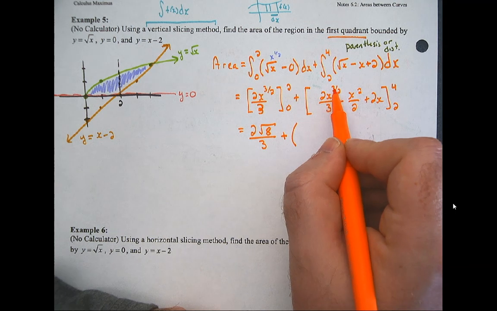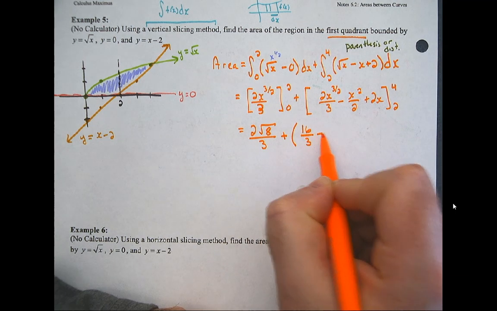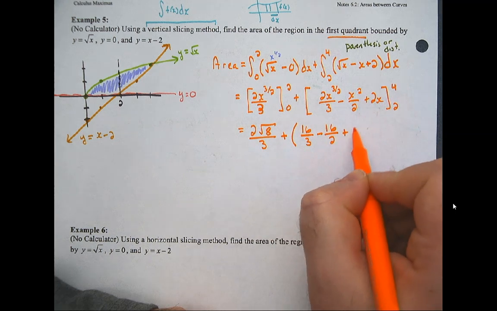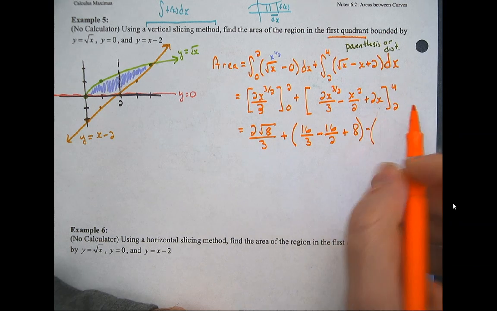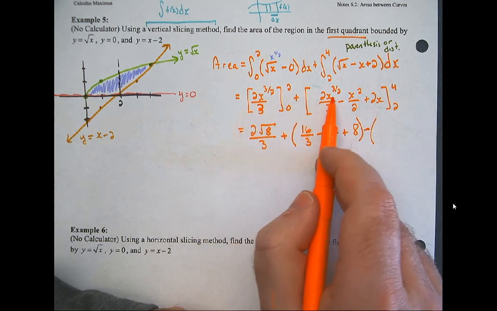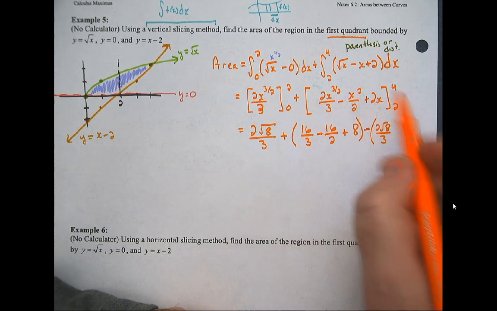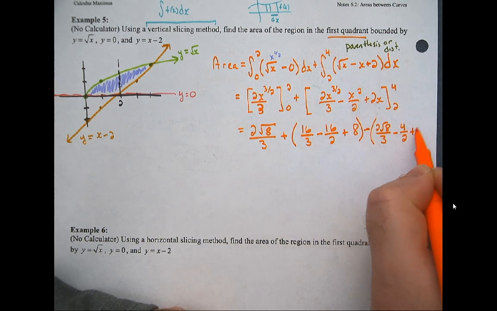That's 2. 2 cubed is 8. 8 times 2 is 16/3 minus 16/2 plus 8 minus, oh, we're in the same boat here, so this is going to be 2 root 8 over 3 minus 4 over 2 plus 4.